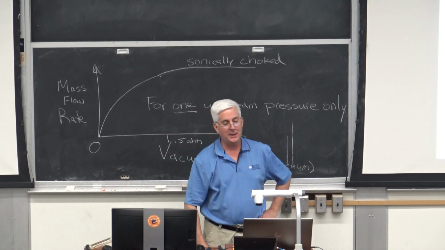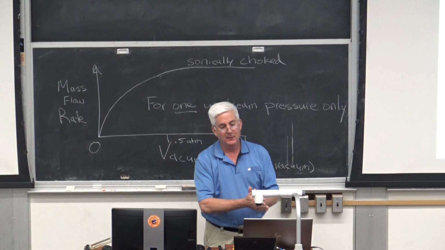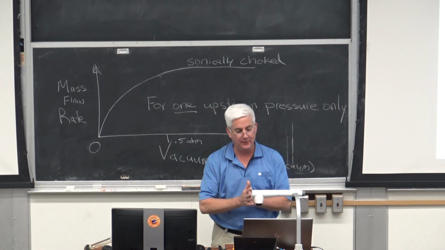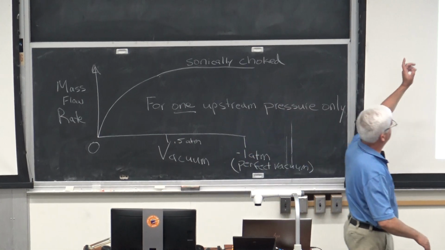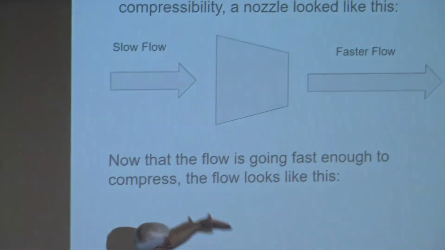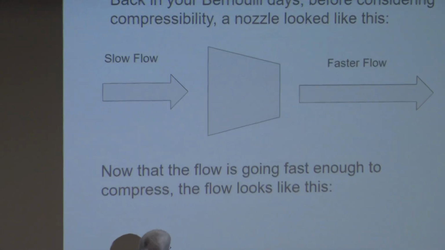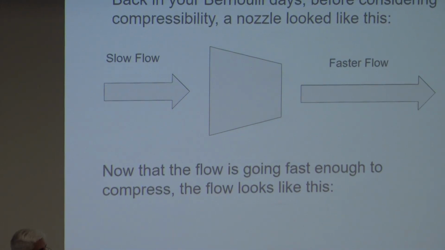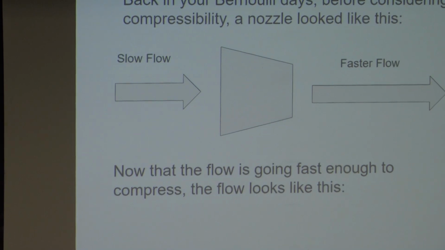Okay, so back in the Bernoulli days, before compressibility, a nozzle looked like that. You got slow flow coming in, area goes down, faster flow comes out. Cool. When we start talking compressibility and going fast, it totally reverses.